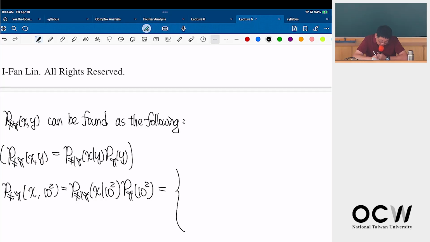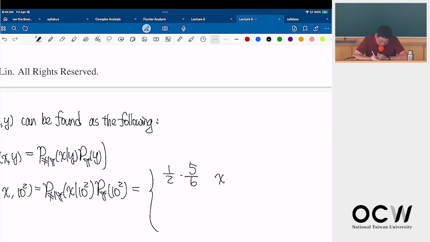So here we have 1/2 times 5/6 when x is 0.01, or 1/3 times 5/6 when x is equal to 0.1, or 1/6 times 5/6 when x is 1.